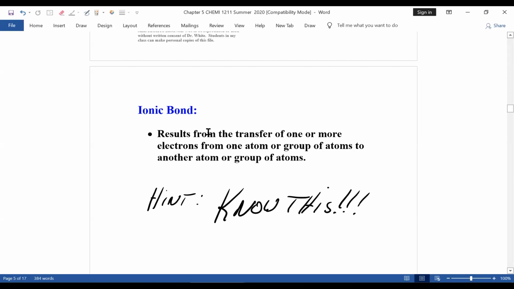So the key thing is that an ionic bond is the transfer of one or more electrons, and that causes the ionic bond.